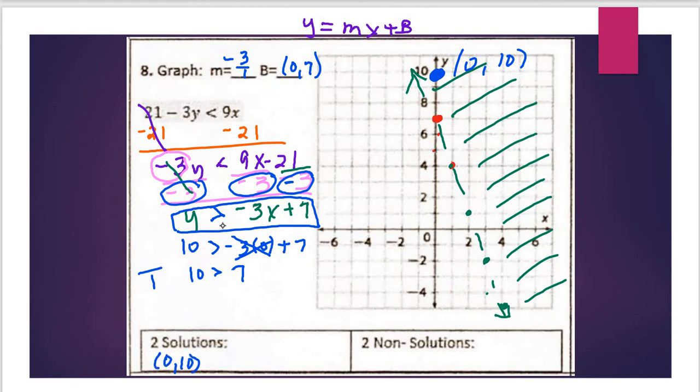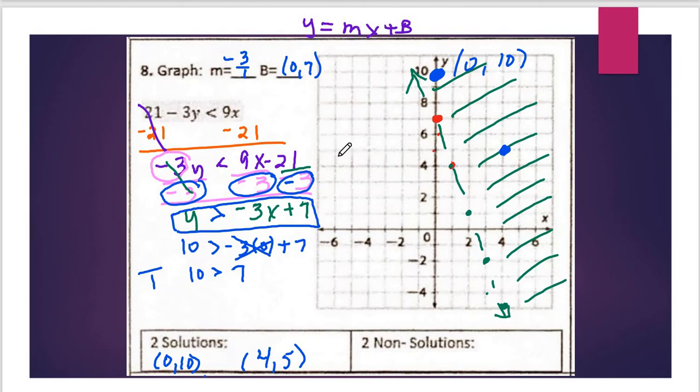Now I'm going to check any points that are in the shaded area, it doesn't matter where. Find a point that is away from the other ones. Here's this one. So if I go from here and go straight down at 4, and then over here at 5, here's another solution. So I have 4, 5. I can pick any point that's in this shaded area, and it'd be a solution.